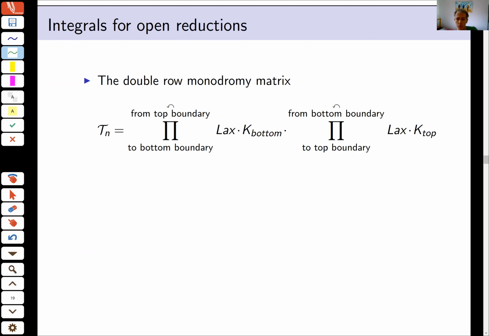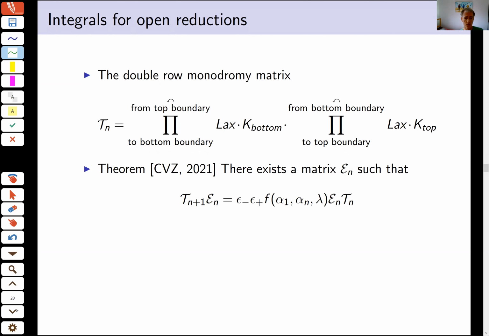We go back from the bottom to the top boundary with the inverse product of all the Lax matrices. And when we're at the top, we take another matrix connected to the equation on the top boundary. That is the double row monodromy matrix. What we can prove then is that there exists a matrix such that this is the case.